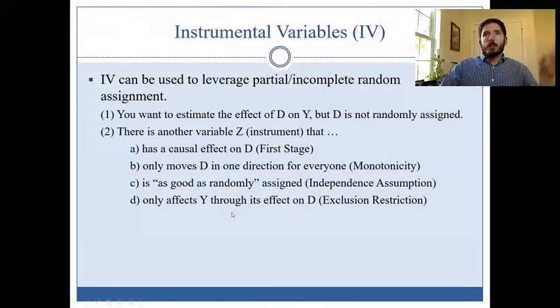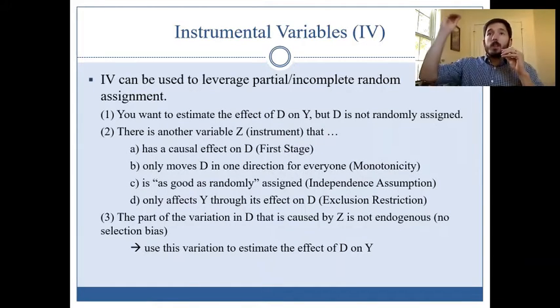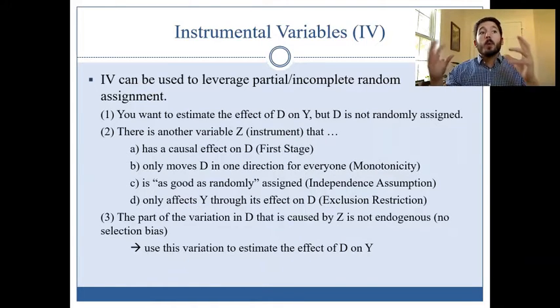So if these conditions are met, that means that the part of the variation in the treatment that is caused by this variation in the instrument is not going to be endogenous, right?